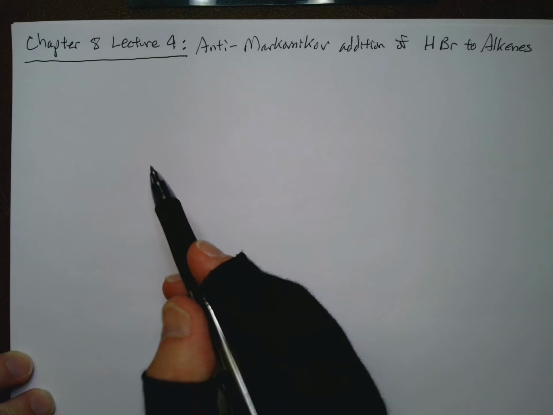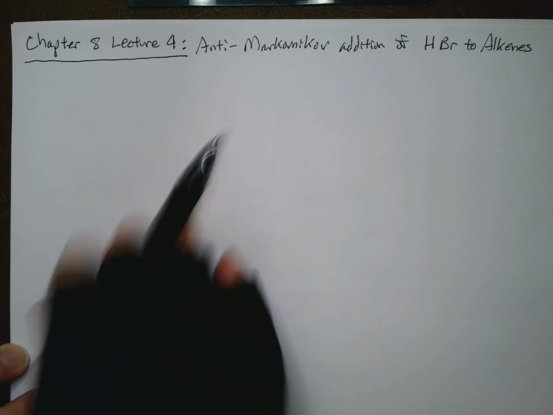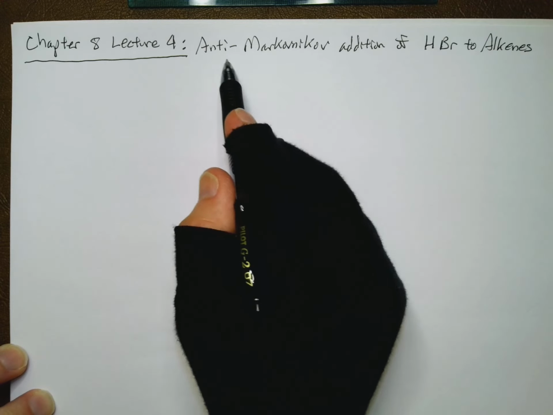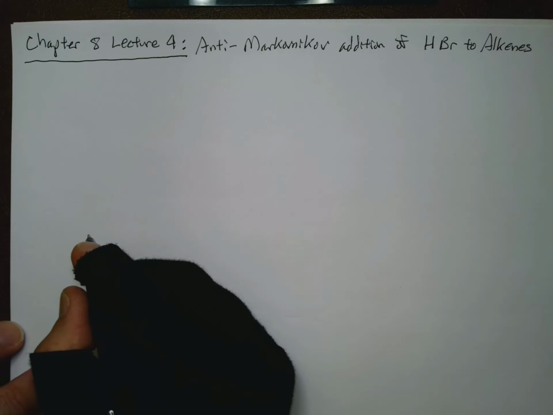And in this lecture, we'll take a look at something that actually isn't in the text. And that is the anti-Markovnikov addition of HBr to alkenes.